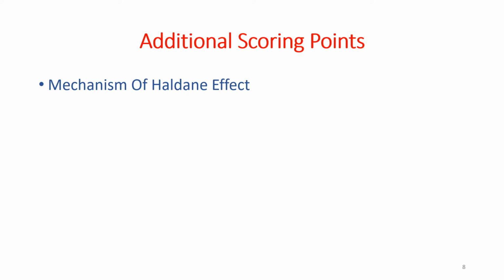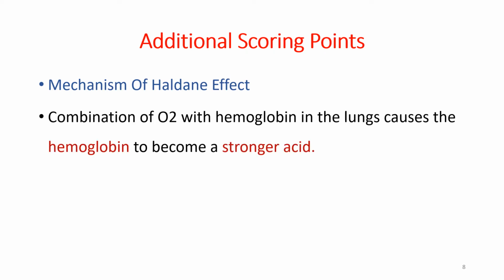In just one sentence, we can say that the combination of oxygen with hemoglobin in the lungs causes hemoglobin to become a stronger acid. With this concept, the further reactions can be described, like how it releases H plus and how H plus combines with bicarbonate, etc. So for additional marks you can write this also.